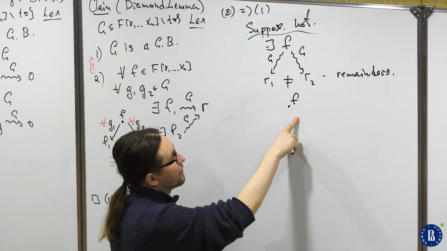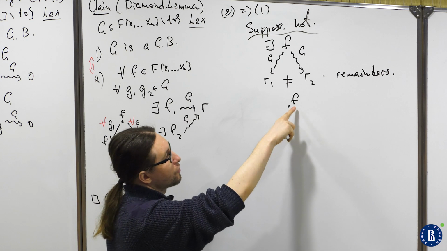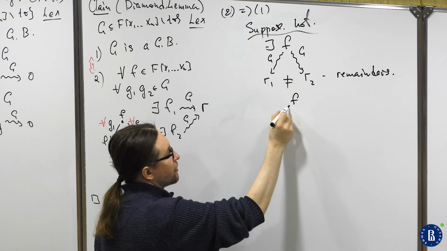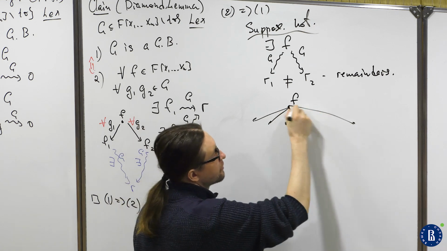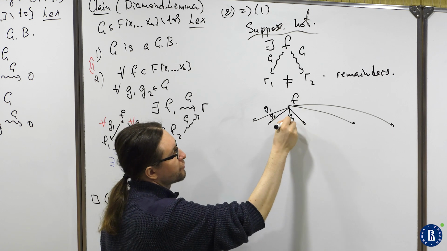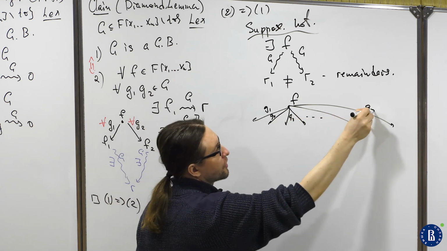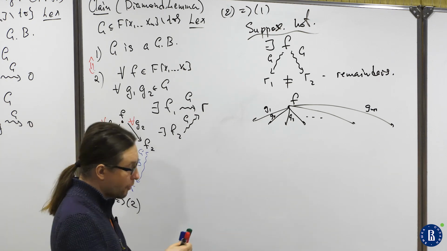But let's take a look at all possible elementary reductions of f with respect to G. So I want to consider all possible reductions of f with respect to G: g1, g2, g3, and so on, gm.